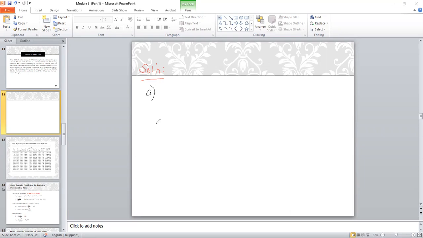Based on our discussion yesterday, before you can determine what the problem requires, especially if convective heat transfer is the principle that is to be applied, what is it that you need to establish first?